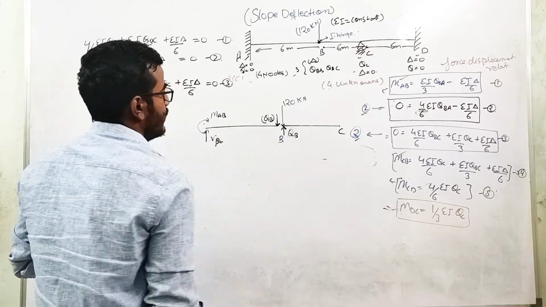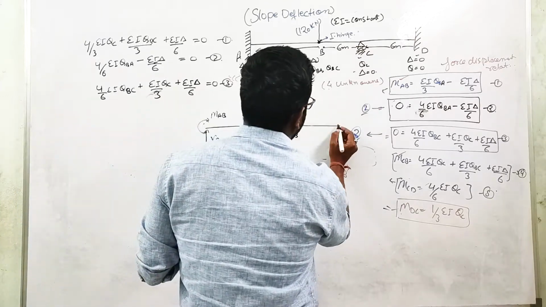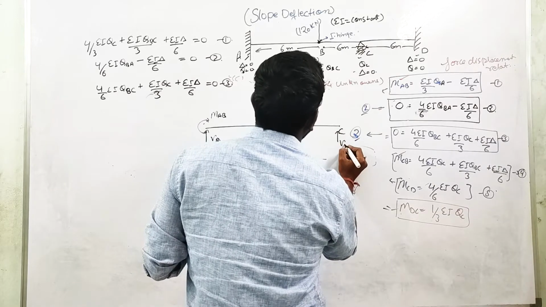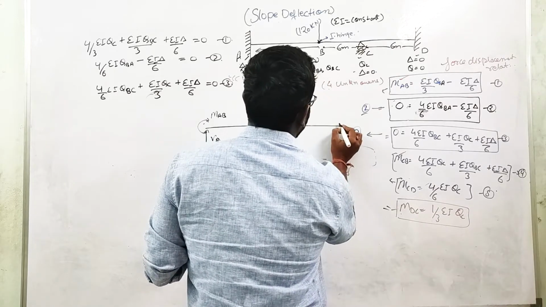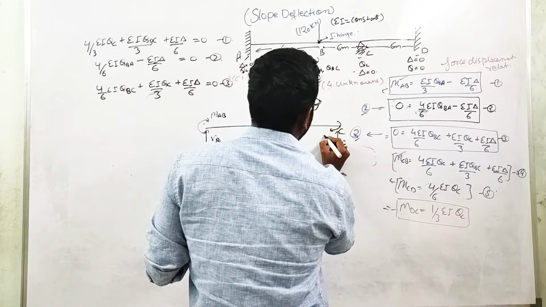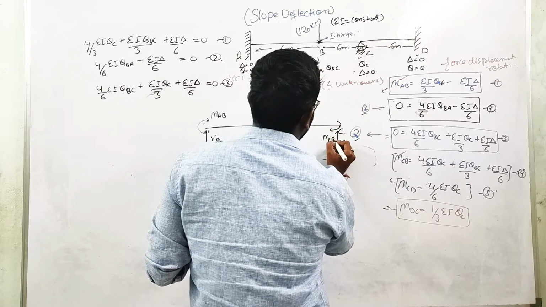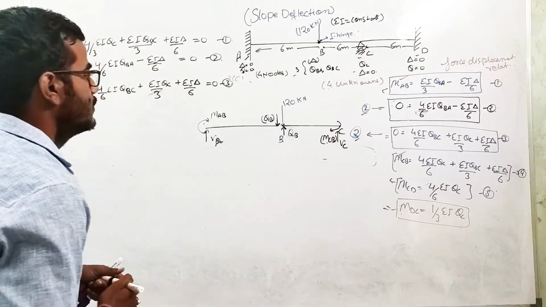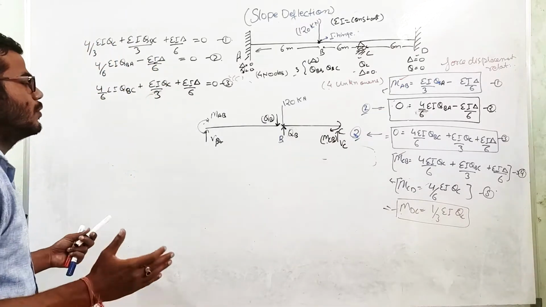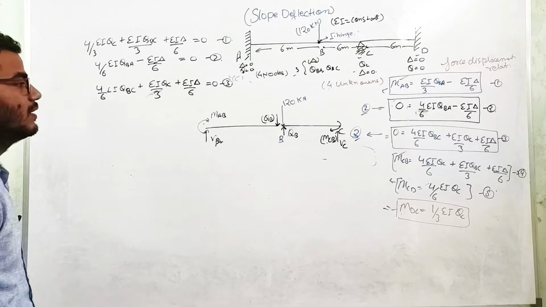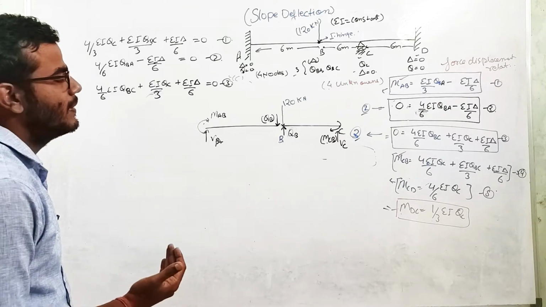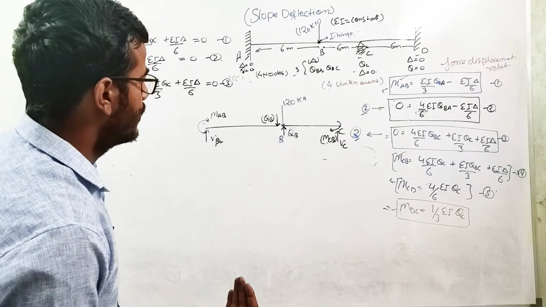At C also, I'll be having one reaction VC, and one anti-clockwise moment, which is MCB. We don't know anything about VA and VC, but we have expressions for MAB and MCB.